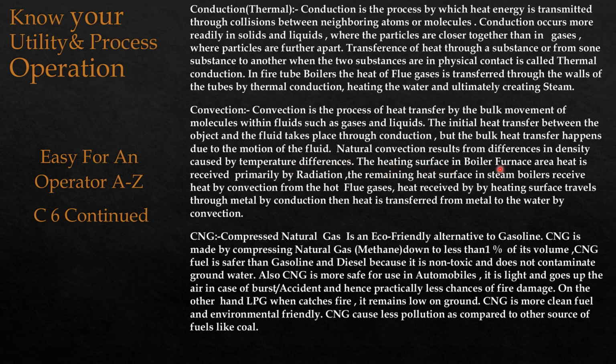In the boiler furnace area, heat is received primarily by radiation. The remaining heating surfaces in steam boilers receive heat by convection from the hot flue gases. Heat received by the heating surface travels through metal by conduction, then heat is transferred from metal to the water by convection.